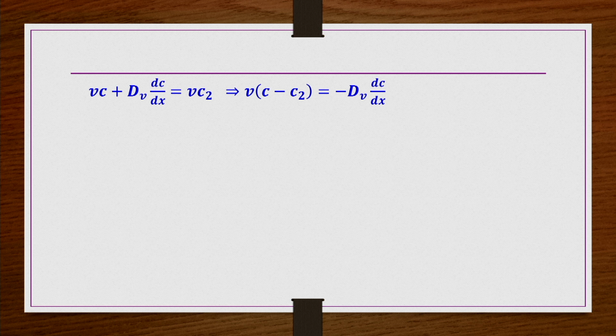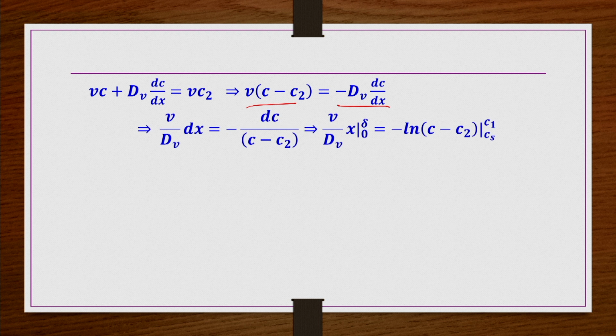So, Vc plus dV dC by dx equals V C2, the flux balance equation at the membrane surface that we have done just now. Now we keep the V terms on one side and the other terms on the right side. We can rearrange this equation: V by dV dx equals minus dC by (C minus C2), and integrate either side.